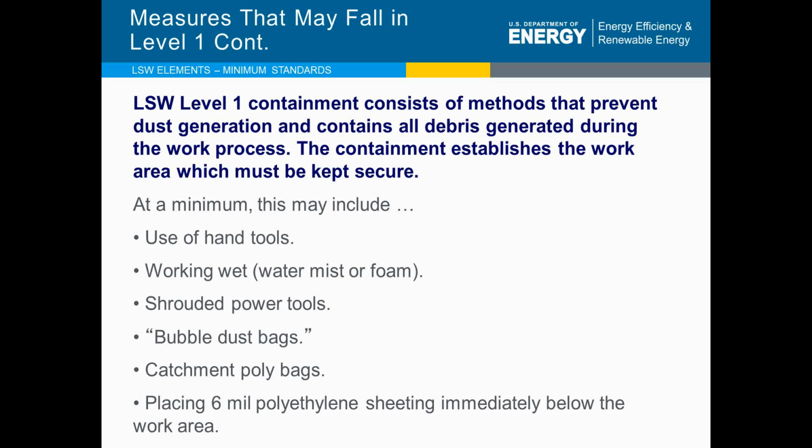Okay, so this is uniquely different than RRP. Note that I said that it's the crew chief that's going to make this determination. I did not say the certified renovator, because this falls outside the RRP rule. It's uniquely LSW.